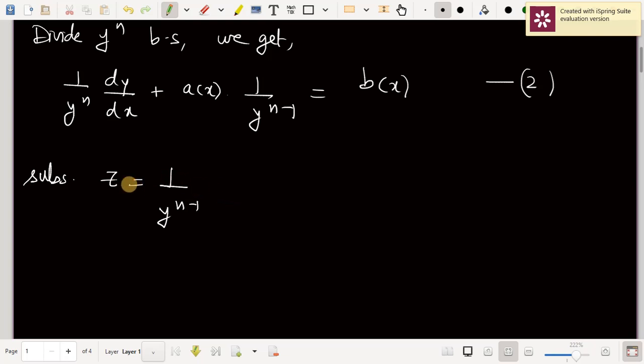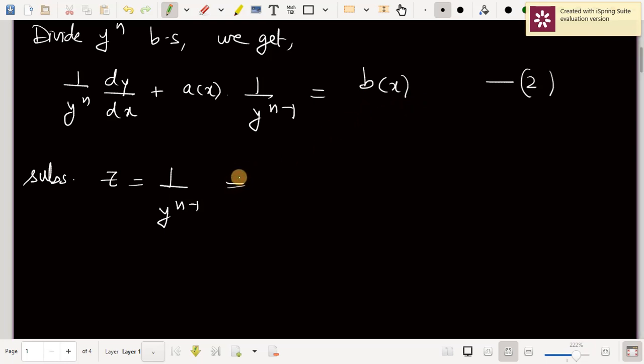When you differentiate this z with respect to x, the power of y raised to minus n plus 1 will decrease, and you will get 1 upon y raised to n into dy by dx into some constant. So this will be a constant into dz by dx plus a of x into the new dependent variable z, and the right side remains unchanged. That is going to be your new linear equation.